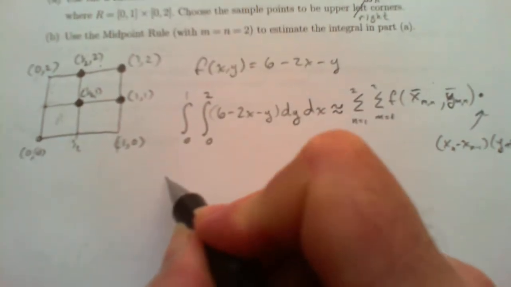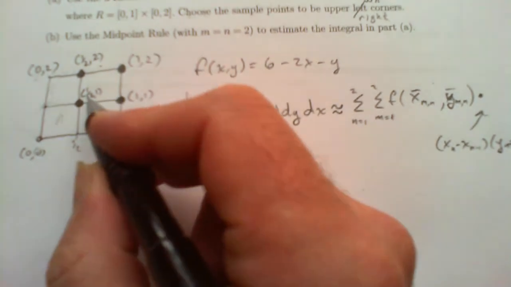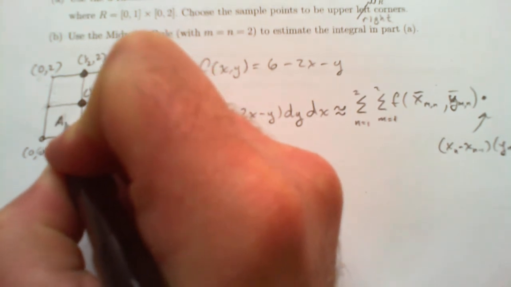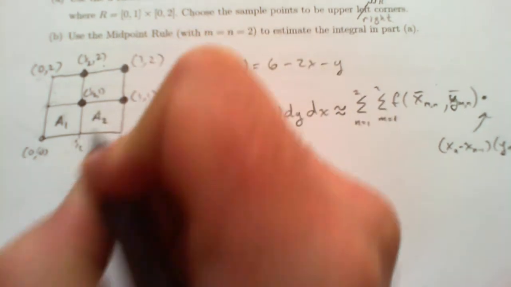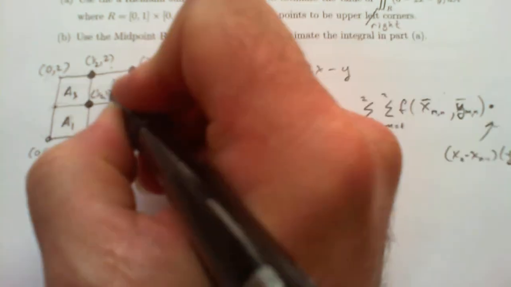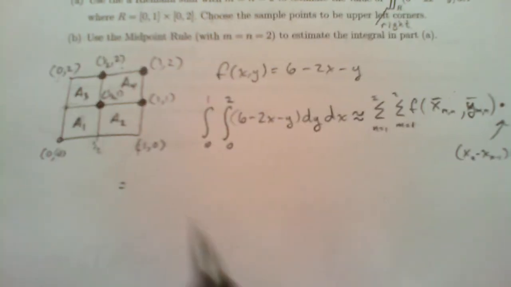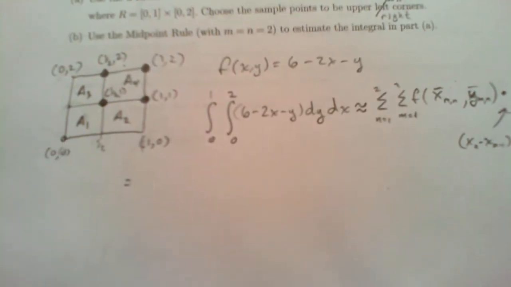So this is actually equal to, all right, f at that point right there. Let me call these little rectangles. Say that first rectangle has area 1, this rectangle has area 2, this rectangle area 3, that rectangle area 4, and they all have the same area. Each one has length 1/2, height 1. So 1/2 times 1, they all have area 1/2.